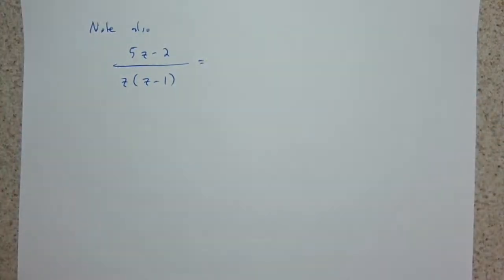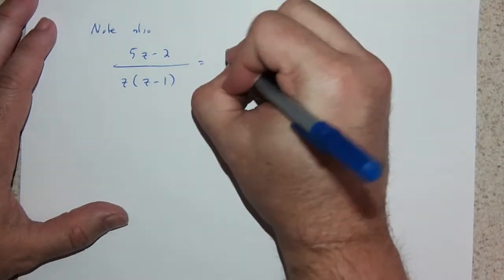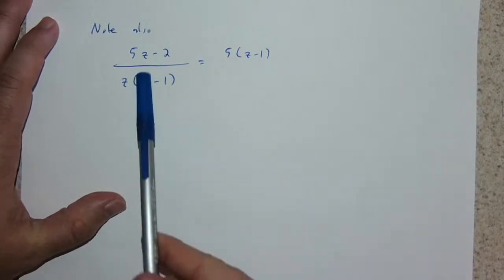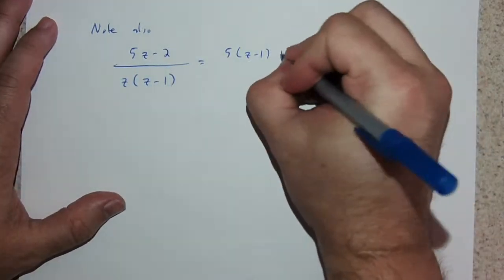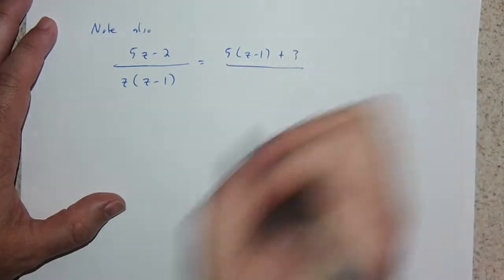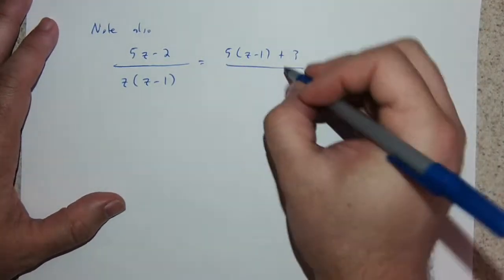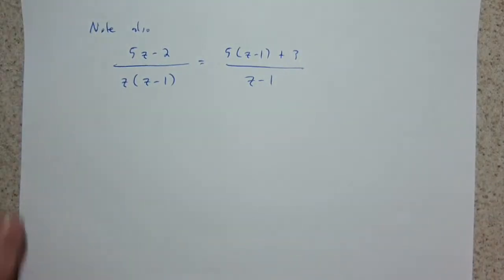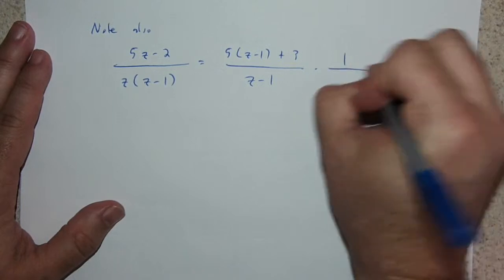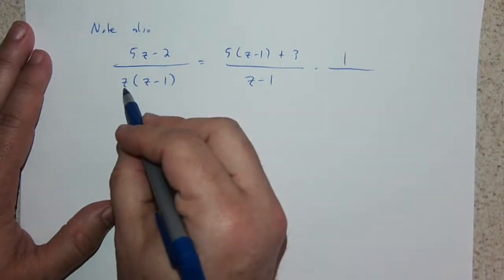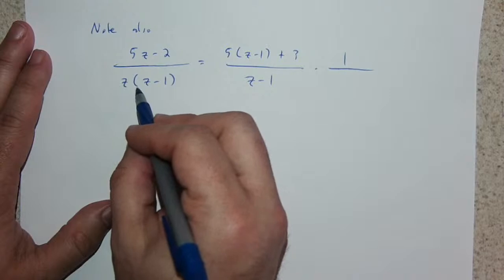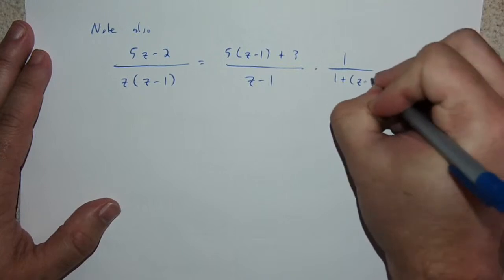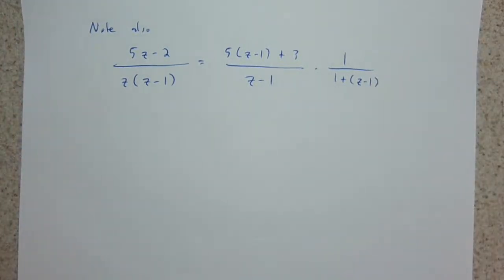So I can rewrite the numerator as 5 times z minus 1 plus 3, and in the denominator I'm going to have z minus 1. Then I multiply that by 1 over, rewriting z as z plus 1 minus 1, so 1 over 1 plus z minus 1. Tricky algebra to do this rewriting.